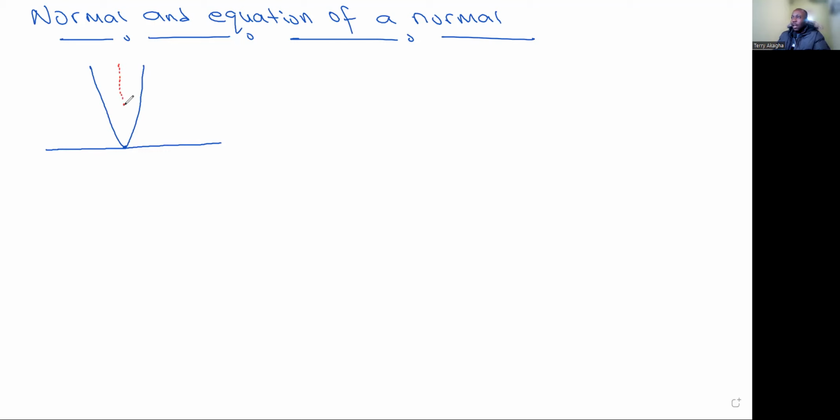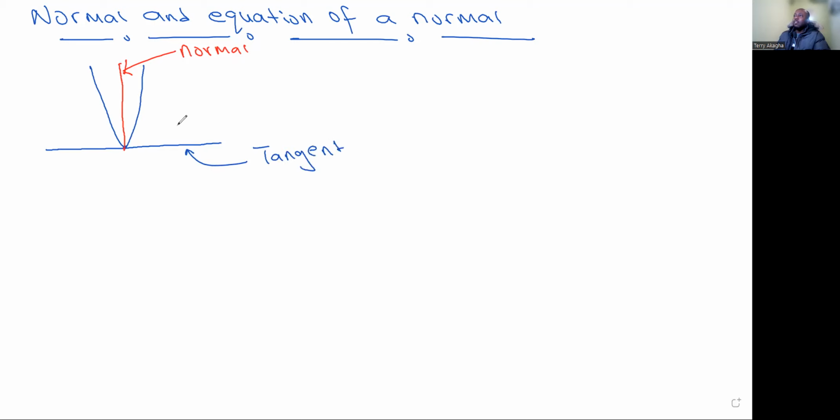So that means if you have a line here going all the way to this, this line here is called the normal. While this line that we drew earlier is called the what? The tangent.